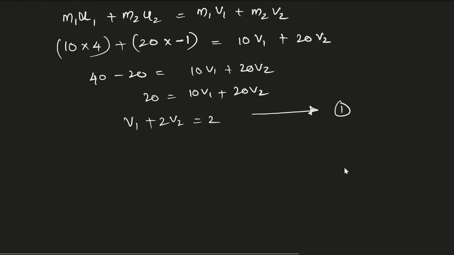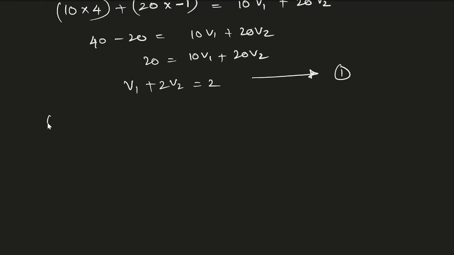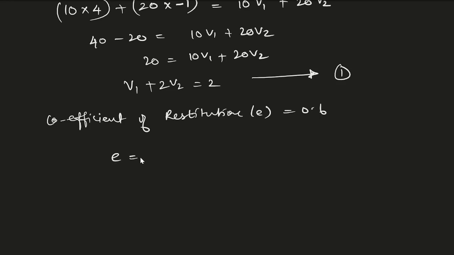Now we know that they have given the coefficient of restitution, e equal to 0.6, right? The formula for coefficient of restitution is velocity of separation, that is v2 minus v1, separation meaning after collision, divided by velocity of approach. Approach is the initial velocity, that is u1 minus u2.